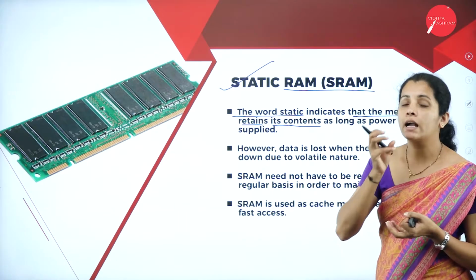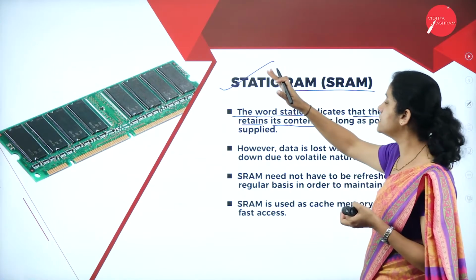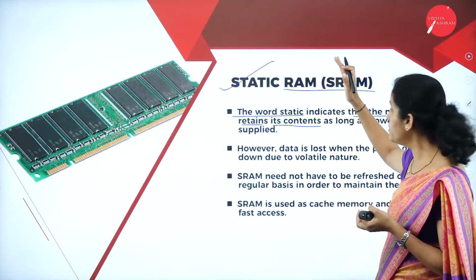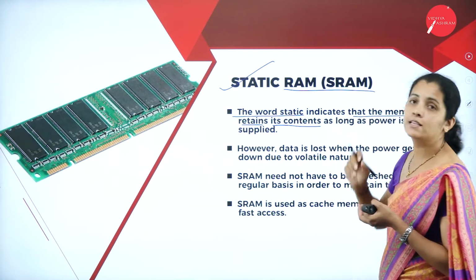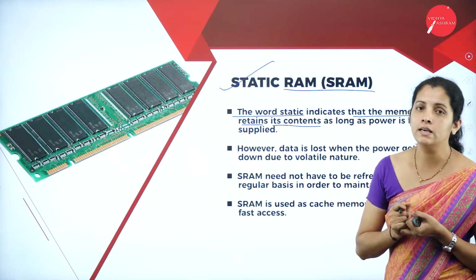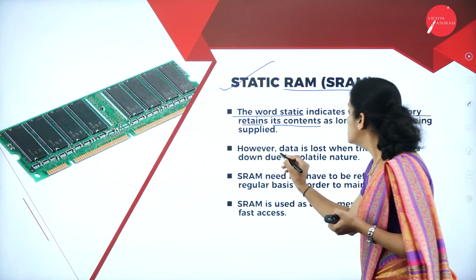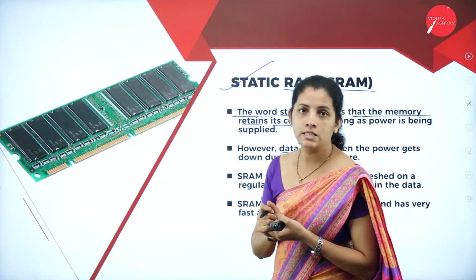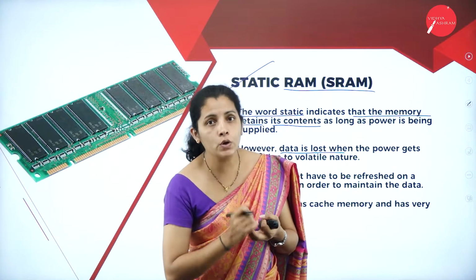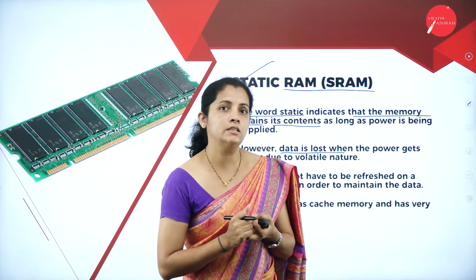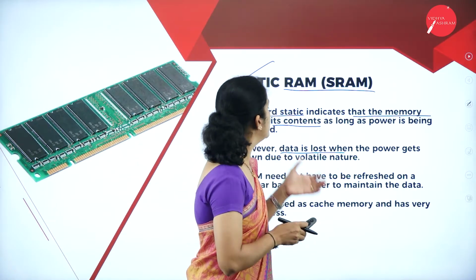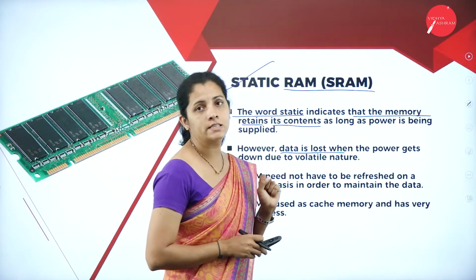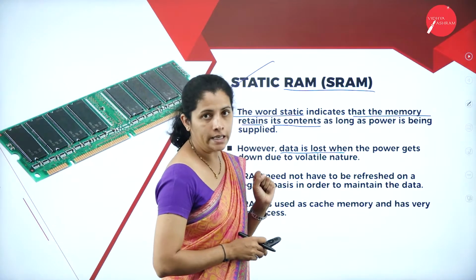That means the content which is present on the static random access memory remains as long as the power is supplied. Data is lost when the power goes down or when your computer is turned off. At that time, the data which is present on the static memory gets erased.